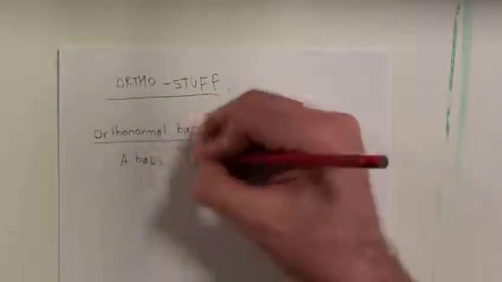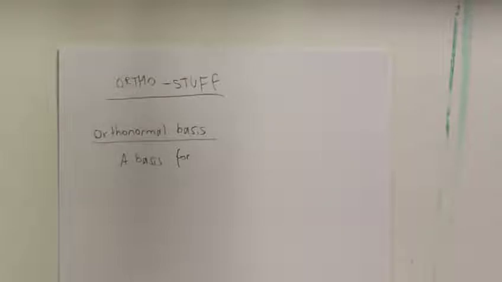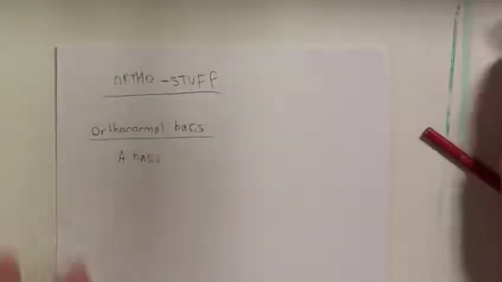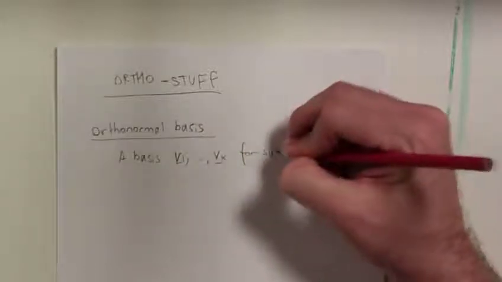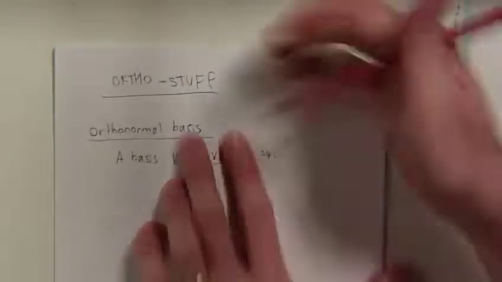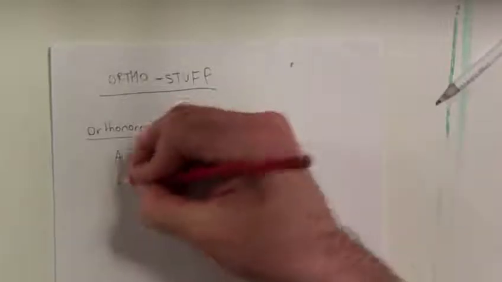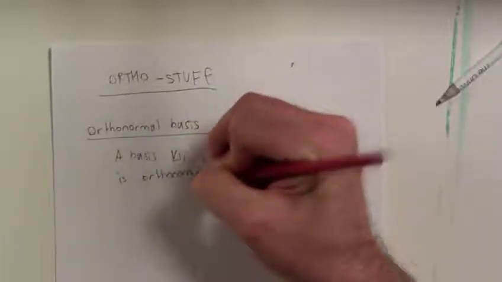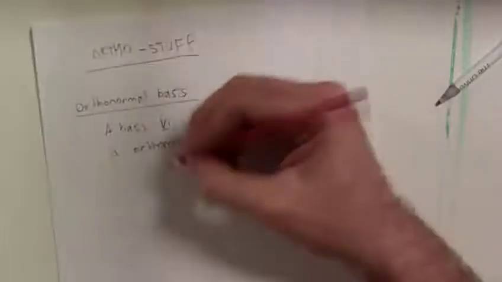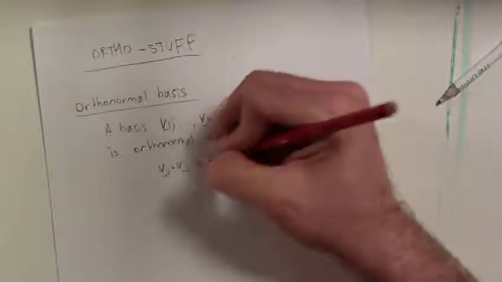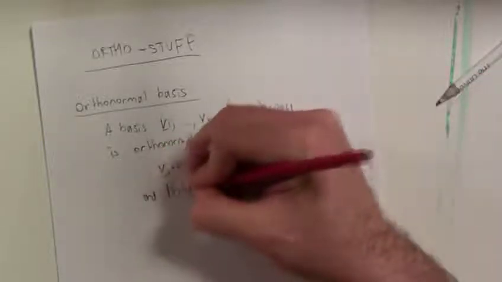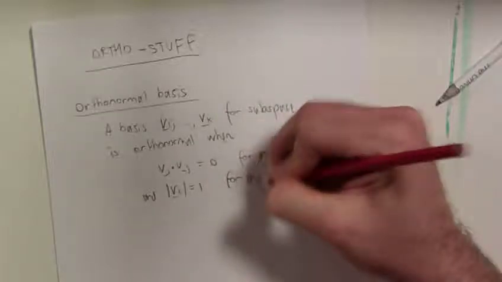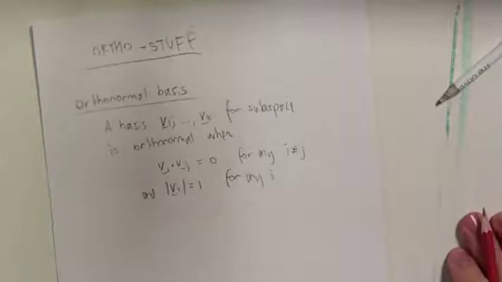A basis V1 up to Vk for a subspace is orthonormal when Vi dot Vj is equal to 0 for any i not equal to j, and the length of Vi is equal to 1 for any i. That's the definition of orthonormal.